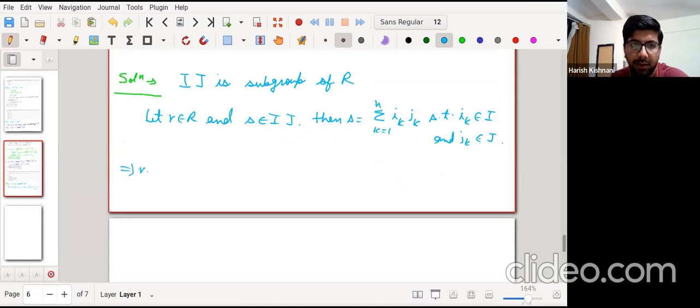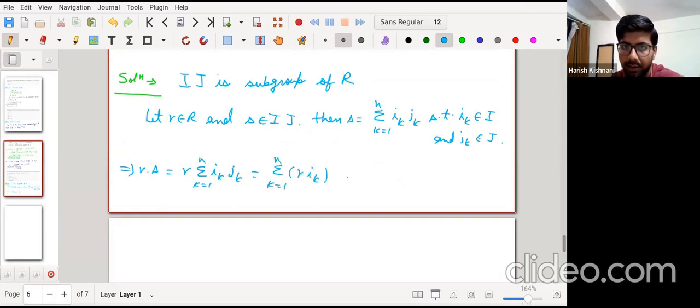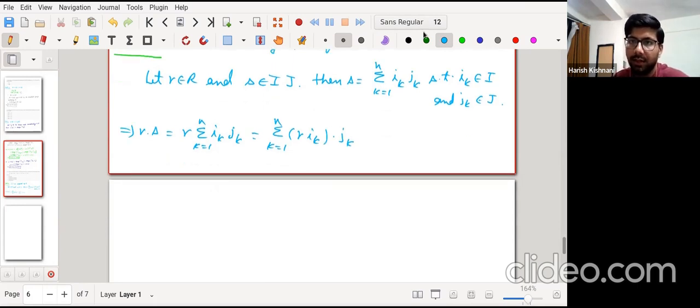So what is r dot s? It is just r times summation of k equal to 1 to n i_k j_k. Now if you multiply it with this, then you will get summation k equal to 1 to n of r times i_k dot j_k. Now what can you say?